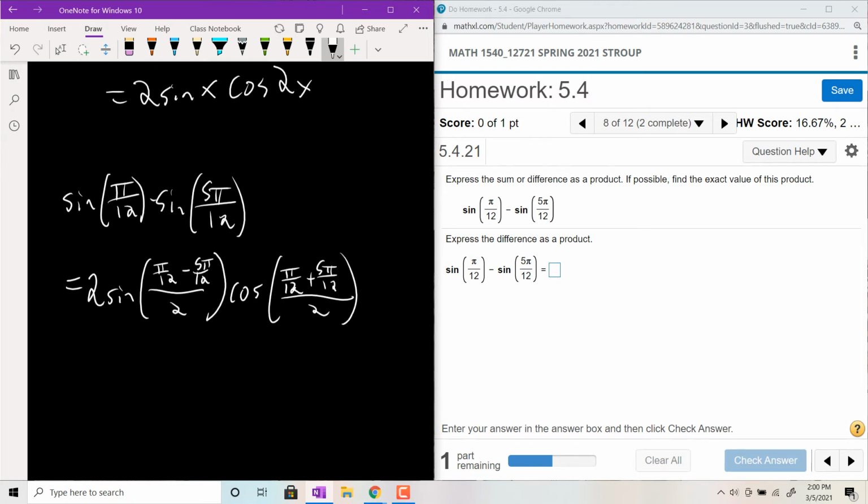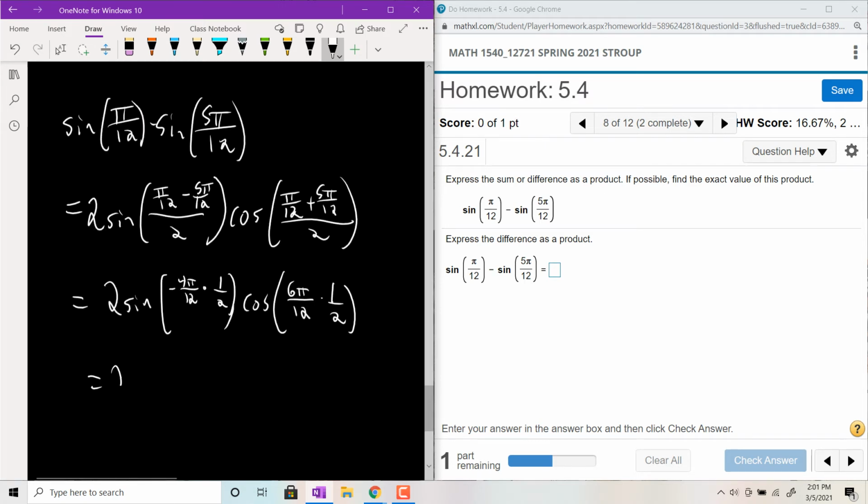So this will be 2 sine of negative 4 pi over 12. Divide by 2 is the same as multiplying by 1/2. You just multiply by the reciprocal. And then we'll have cosine of 6 pi over 12 times the reciprocal of 2, which is 1/2 again.